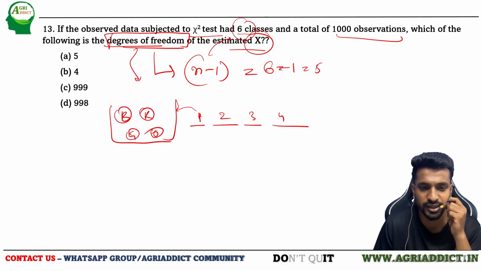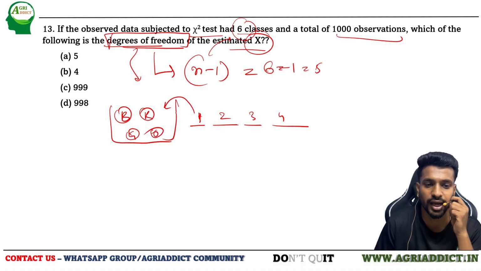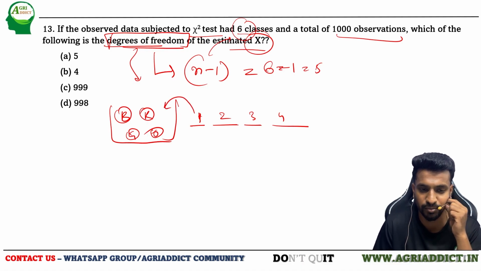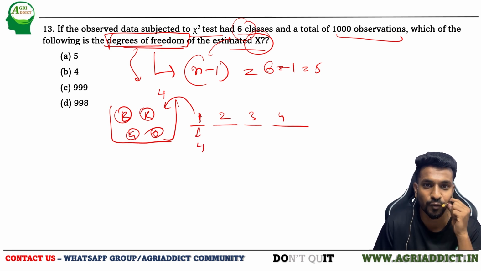So now just imagine that the first child comes to the box, looks at it and tries to take one ball. How many options does he have? When the child comes and sees the colors, he has 4 options. That means the first child has 4 options. He can choose a ball of any of these 4 colors. So he will just come and pick the red, let us assume. So the red is gone.